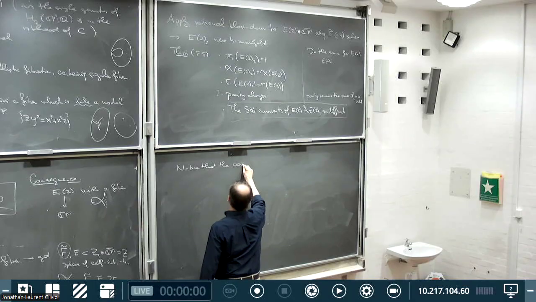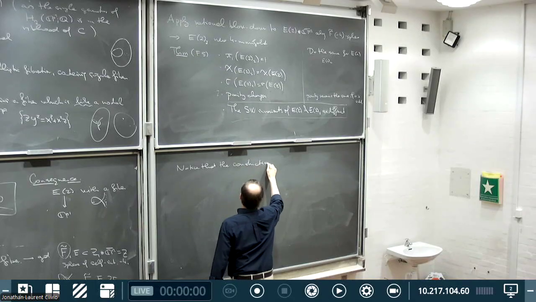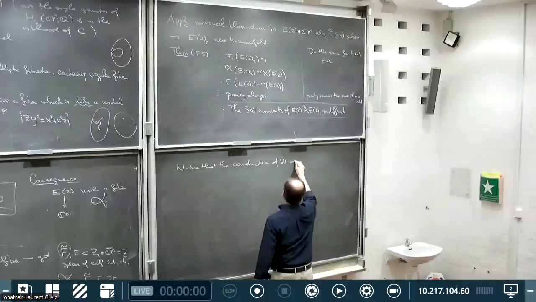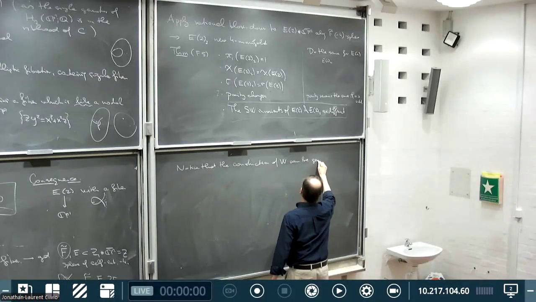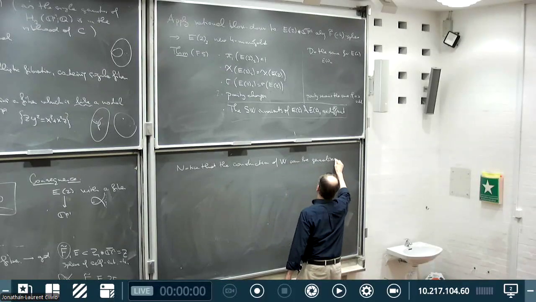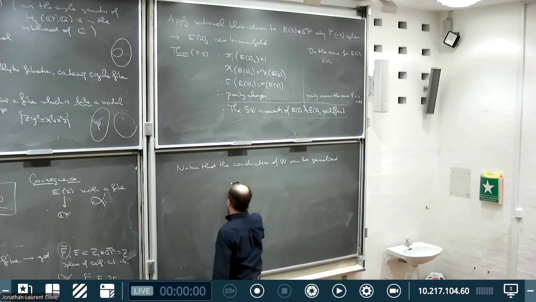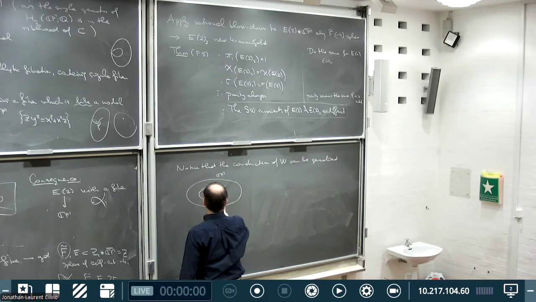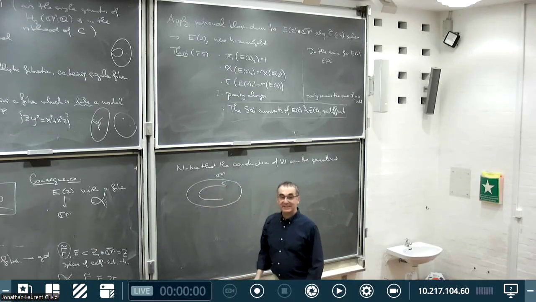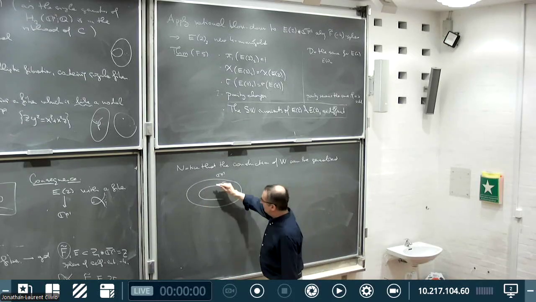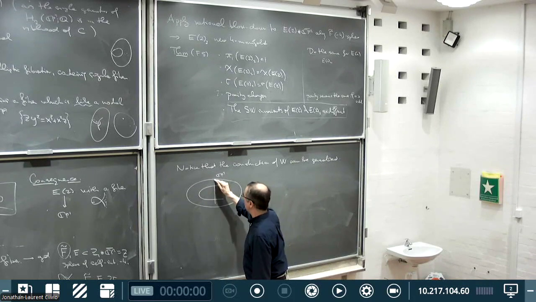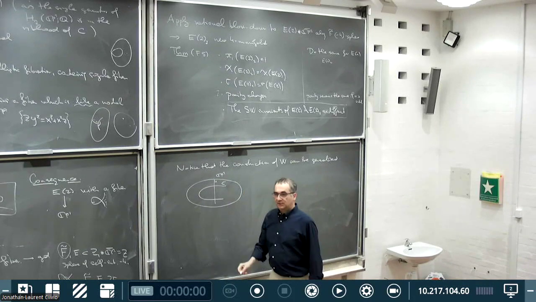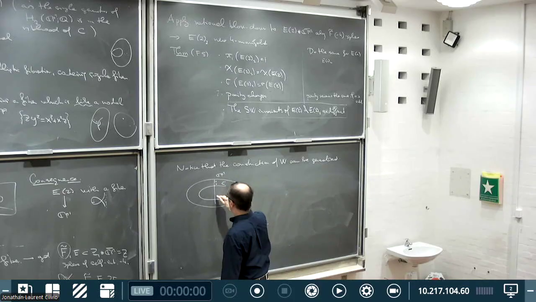The construction of W can be generalized as follows. So remember we have CP2 and the cubic. Of course, there is a line, there is a projective line which intersects it in 2 points. Let's call it H. 2 positive points.